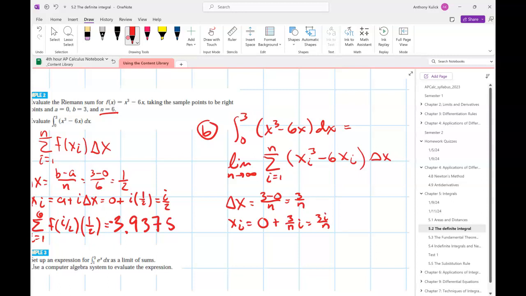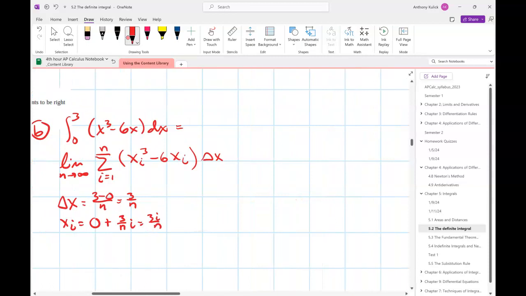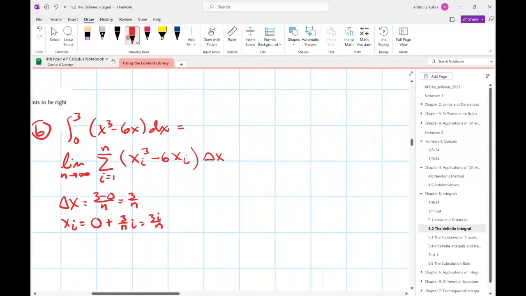Does everybody feel okay there? Did you put in 0? Oh, a is 0. So I have the limit as n goes to infinity, the sum from i equals 1 to n. And now in place of xi, I'm going to write 3i over n cubed minus 6.